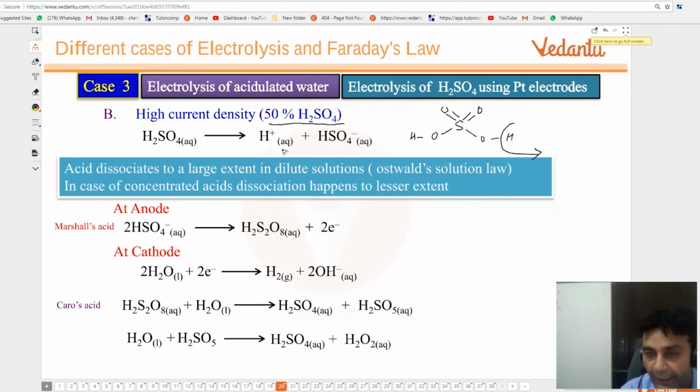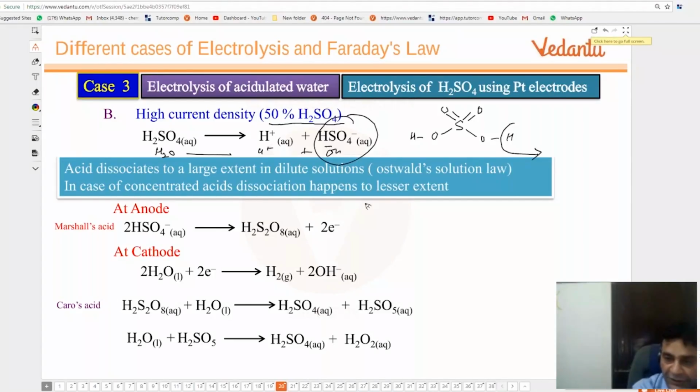So it gives H positive and HSO4 negative, right? So at the anode, we have two things. Along with the sulfuric acid, we have water also, H positive and OH negative ion. Out of these two, HSO4 negative ion and OH negative ion, which will be discharged?